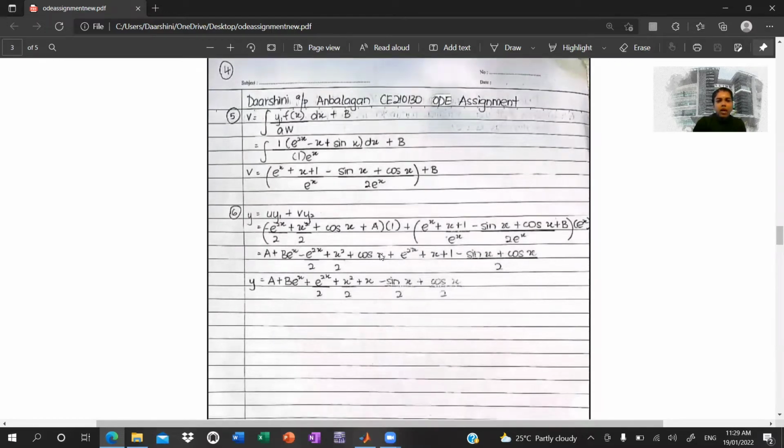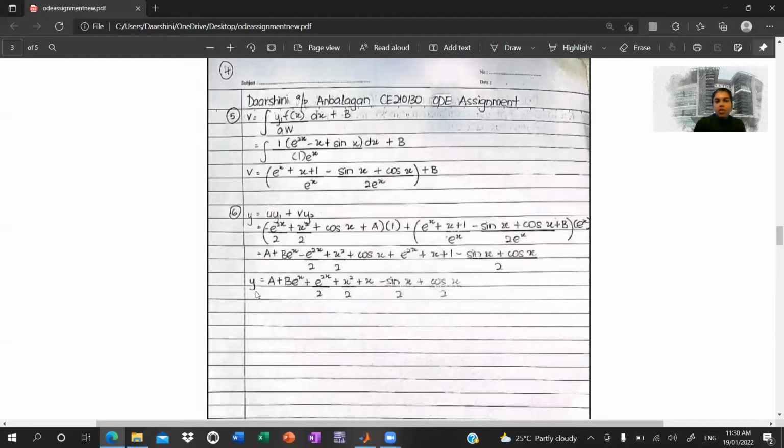So the final step to calculate the value is y equals u y1 plus v y2. So my u is negative e exponent 2x over 2 plus x square over 2 plus cos x plus a, times 1, plus my v, which is e exponent x plus 1 over e exponent x minus sine x plus cos x over 2 e exponent x plus b, and my y2 is e exponent x.